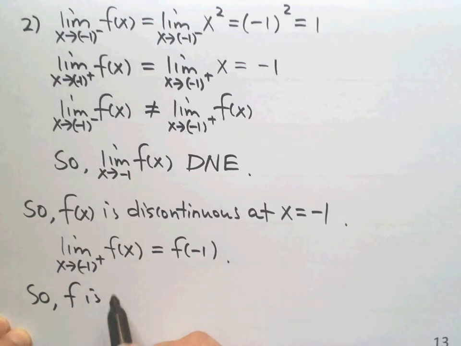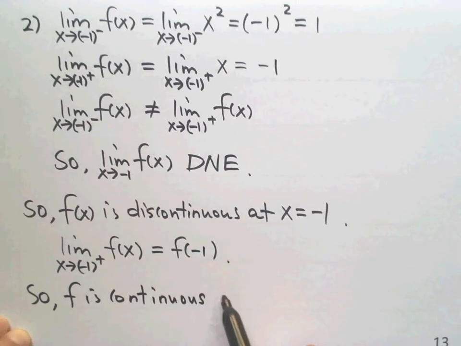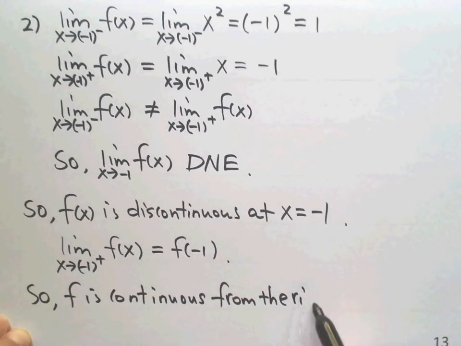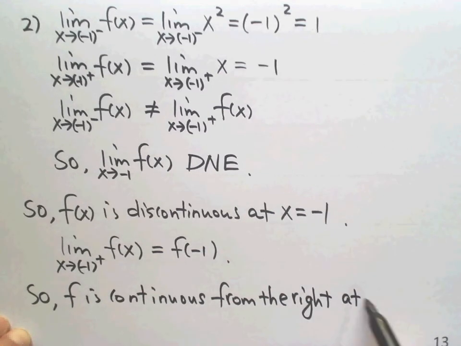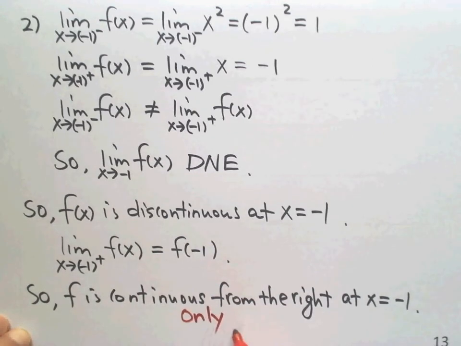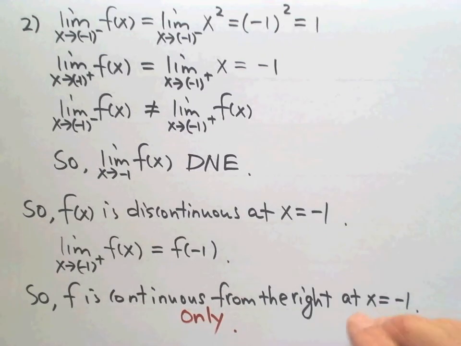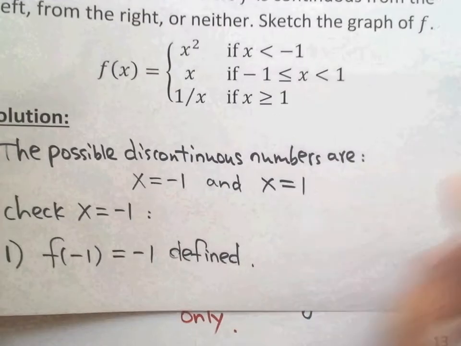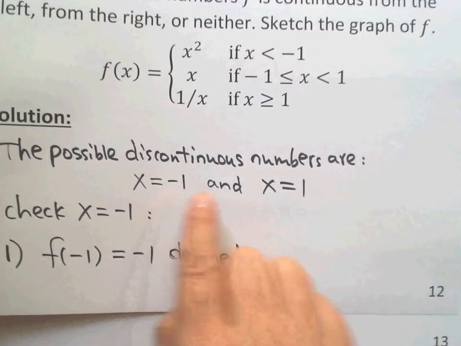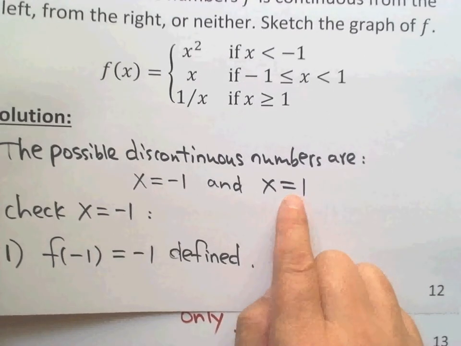So we can make a conclusion: f is continuous from the right at x equals -1. It's continuous from the right but not continuous from the left. That's the first one we checked.